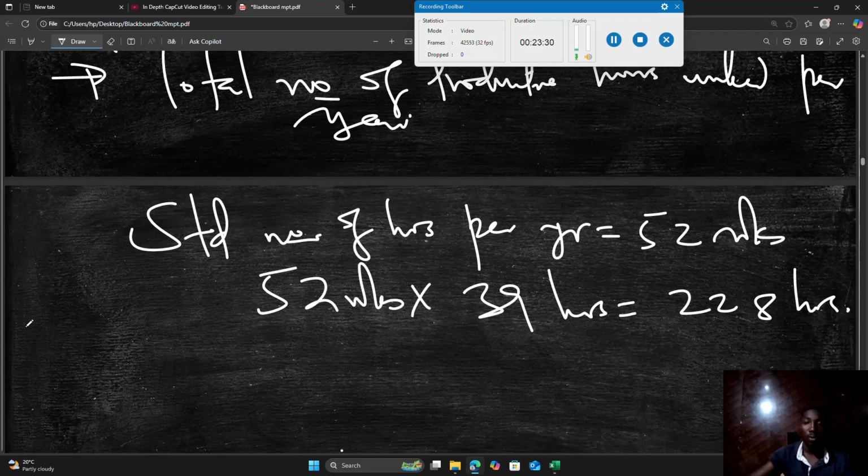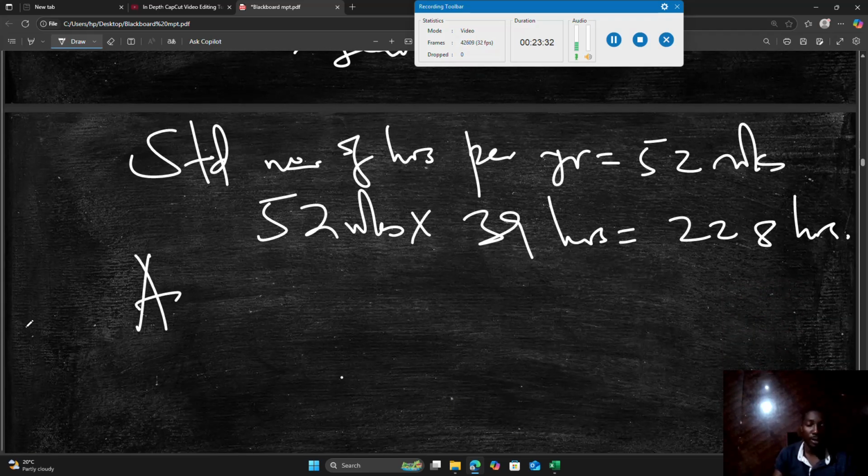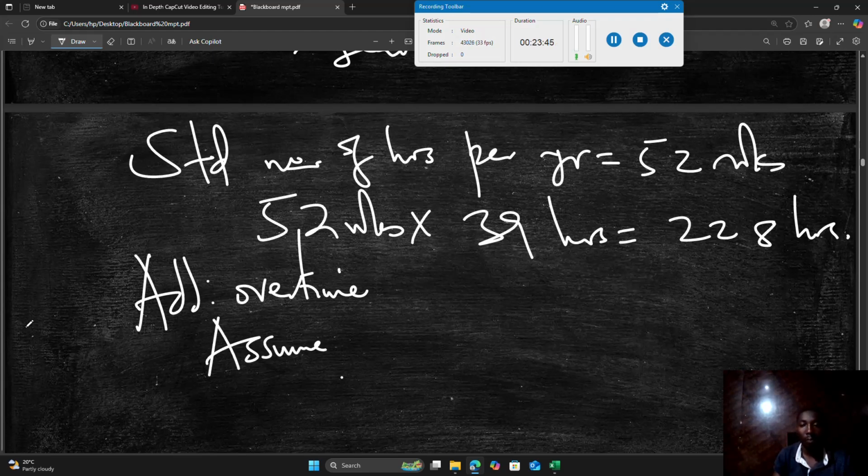Okay, so on this we are going to add, say, overtime. Now this will depend on what days overtime has been worked. Say we assume 1 hour per day of overtime is worked.